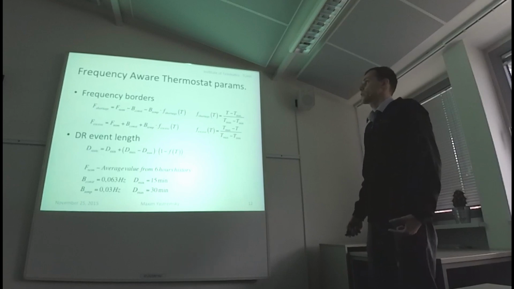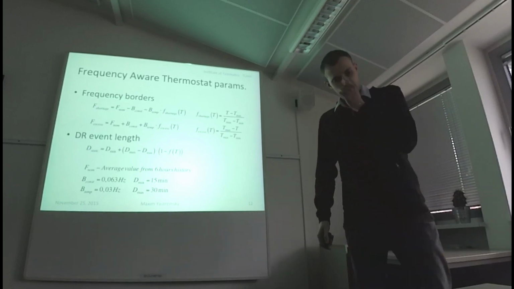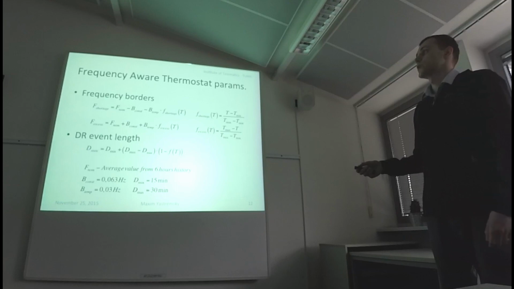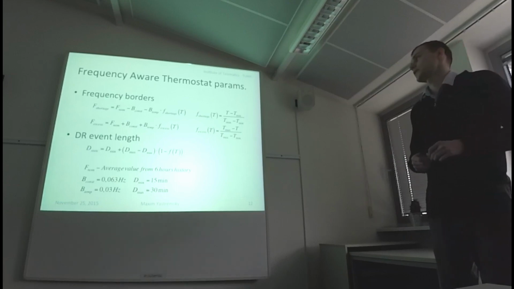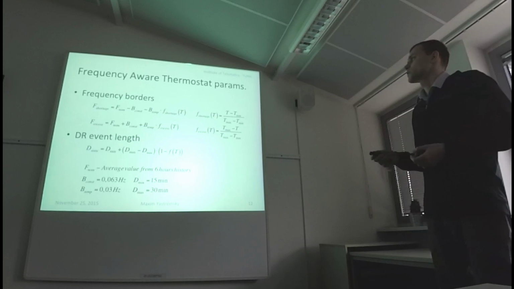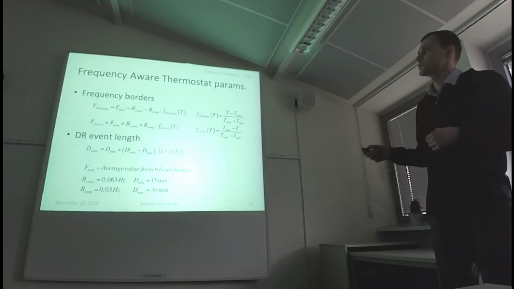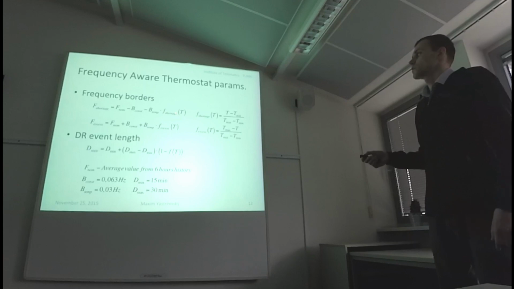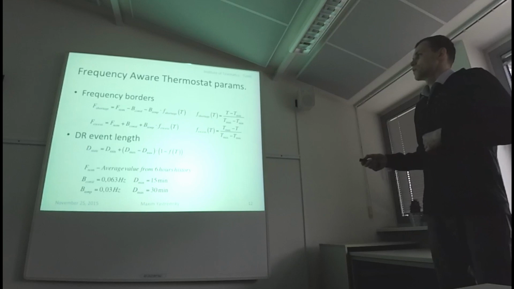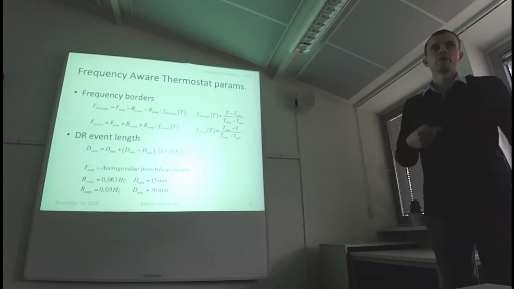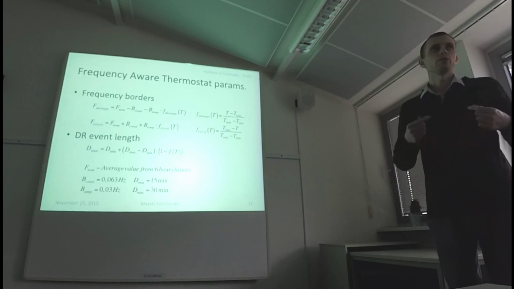So the parameters of the frequency intervals, that's basically the borders which are used to indicate the power excess or power shortage states, I implemented not as fixed ones, but dependent on the temperature. With the help of these factors, F shortage and F excess, they basically calculate from the current temperature according to the min and max interval, and make refrigerators react to the power deviations differently.